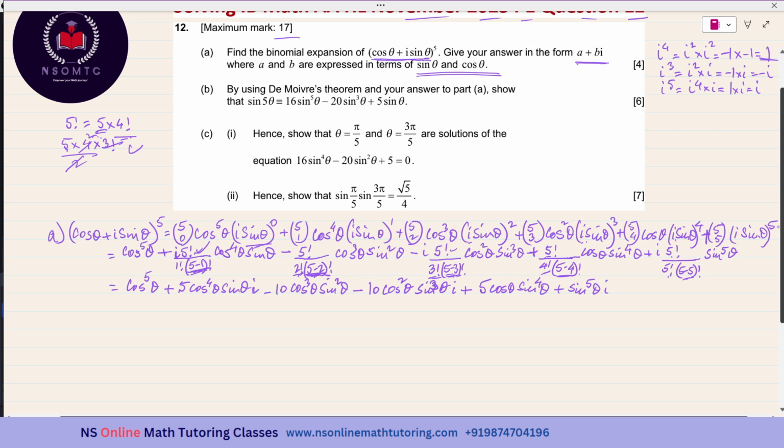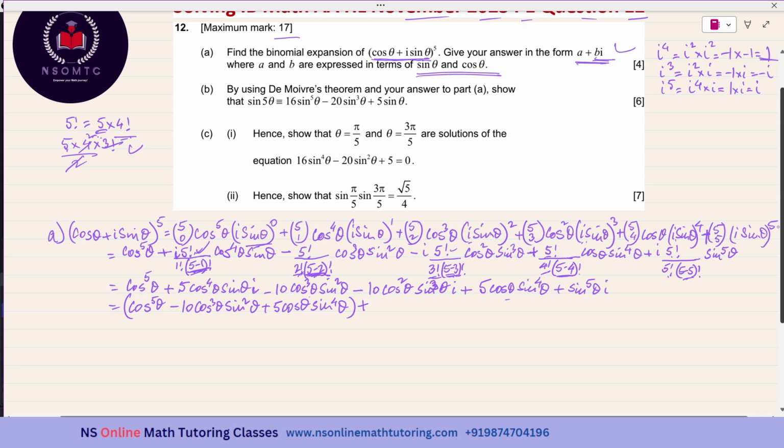And now I have to write it in this format, a plus bi. So I have to just group the real and the imaginary parts together. So this is cos to the power of 5 theta. And then I am having this one minus 10 cos cube theta sine square theta. Okay, and then this one plus 5 cos theta sine to the power of 4 theta. This part is a and plus i b.